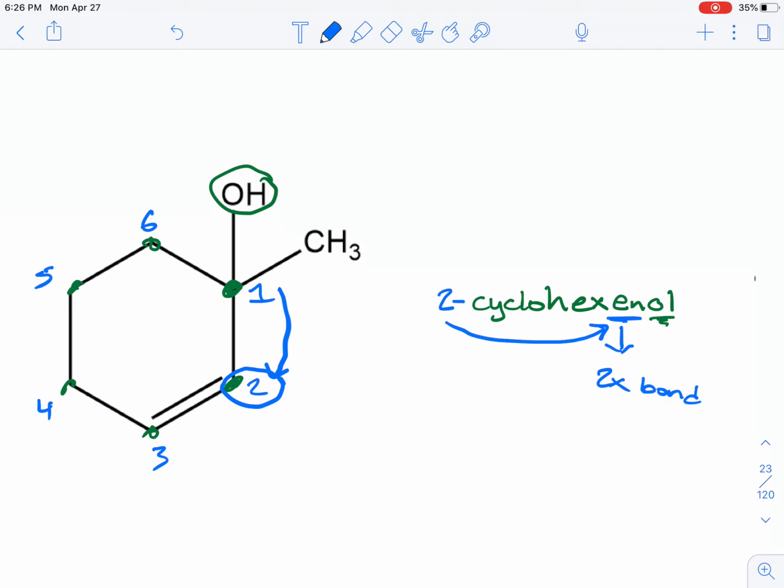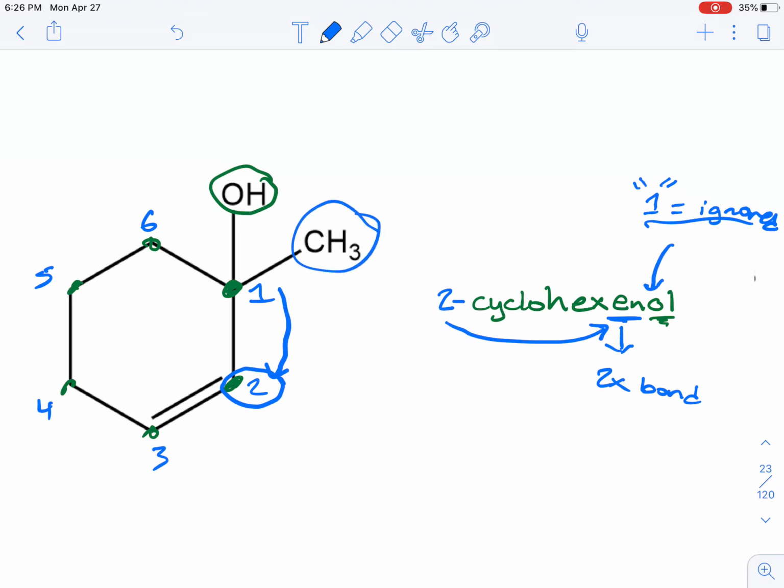And once again, the number 1 that's supposed to be wedged between the ene and the ol is going to be ignored or omitted. It's ignored because we have a cyclic ring. If we do not have a cyclic ring, then we have to wedge that 1 in between the ene and the ol.